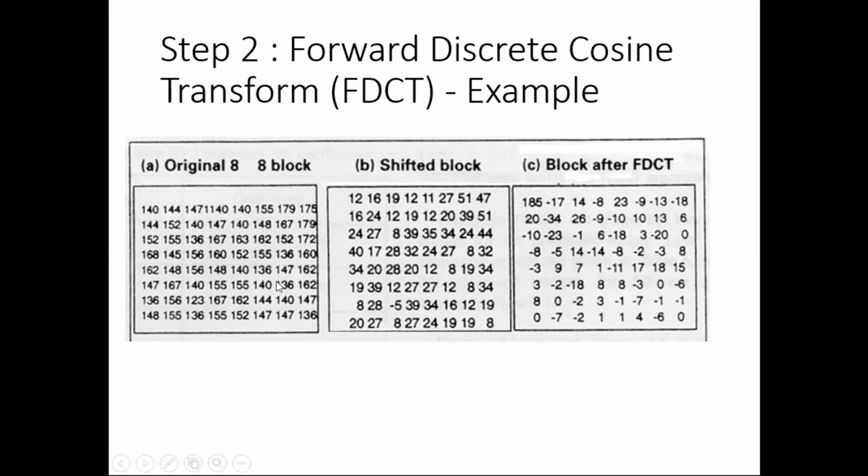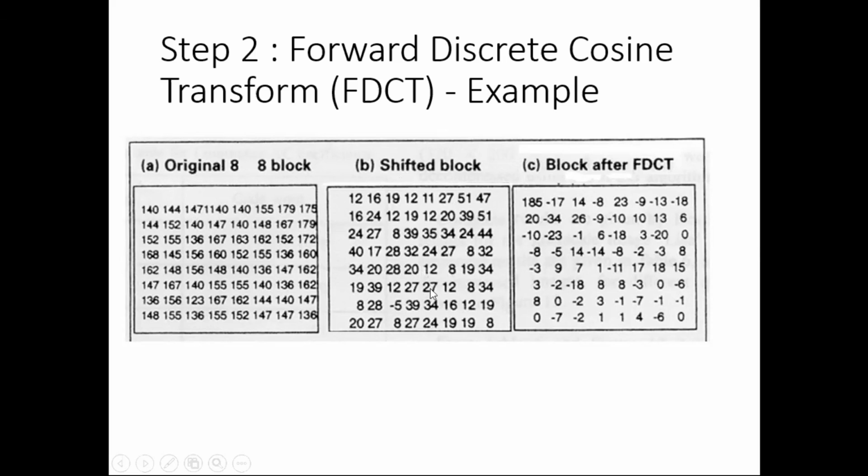First, we have the original image. I told you earlier, we take an 8 by 8 block in the real world, but in this example, I am taking a 4 by 4 block, right? Then this is the shifted block, in other words, we are reducing these numbers by 128, and we come up with this set of numbers.